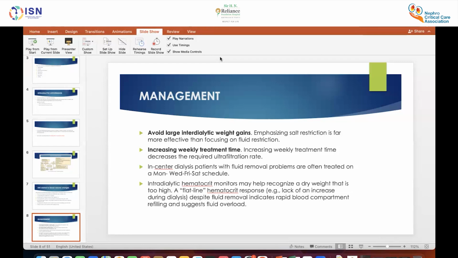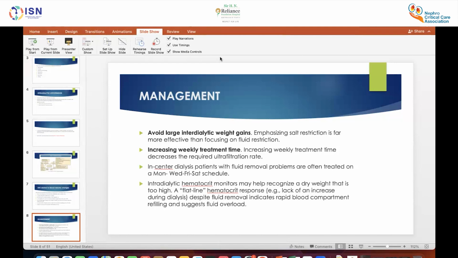It will monitor your hematocrit level in real time, and it will give you a graph. What is the normal hematocrit of our body? 40 to 44%, yes.